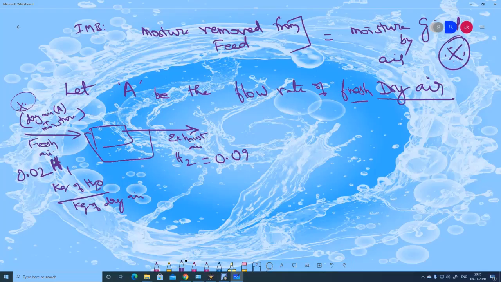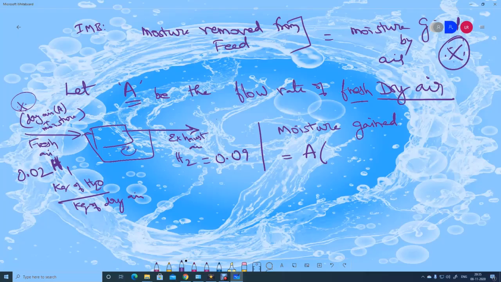Now we can write that moisture gained is equal to A into... whatever is the amount of A is the dry air that is entering freshly, the same amount of dry air will be leaving the system also, right? So the dry air associated with this is going to be the same regardless of what is being recycled here.